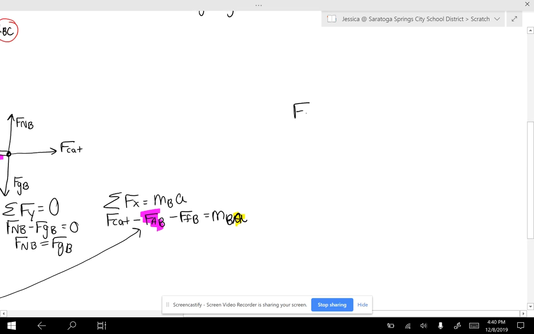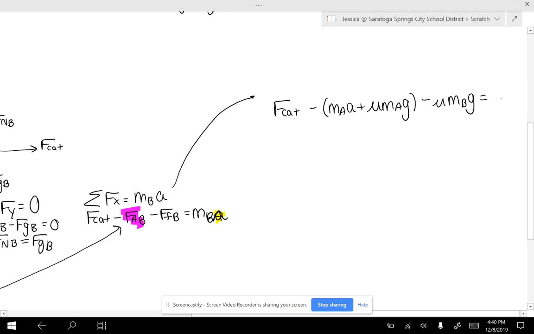So we have F cat. I'm just moving everything up here for more space. F cat minus, remember to use parentheses, the mass of A times a plus mu m_A g. The force of friction on B is the mu times the normal force on B. The normal force on B we already talked about was the force of gravity on B. So m_B g equals m_B a.